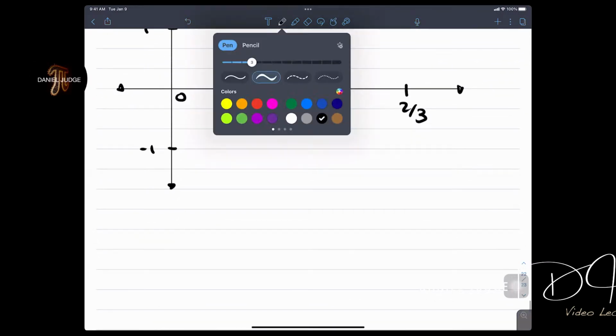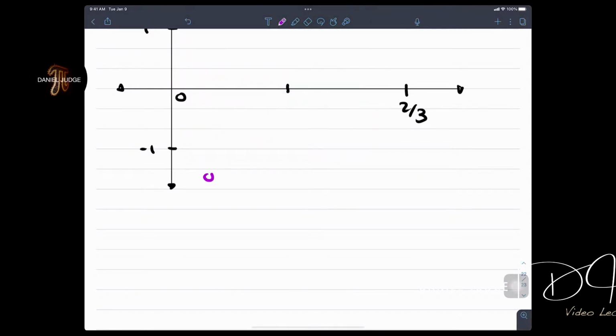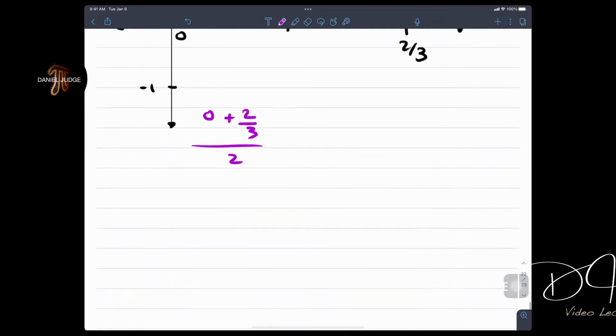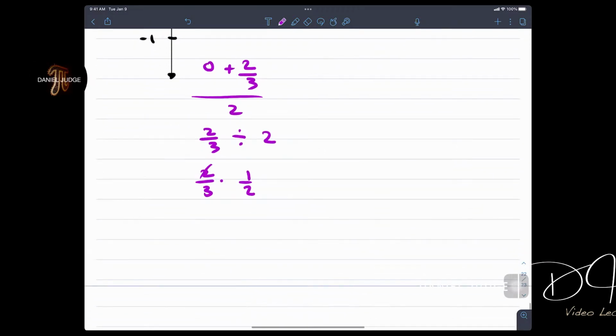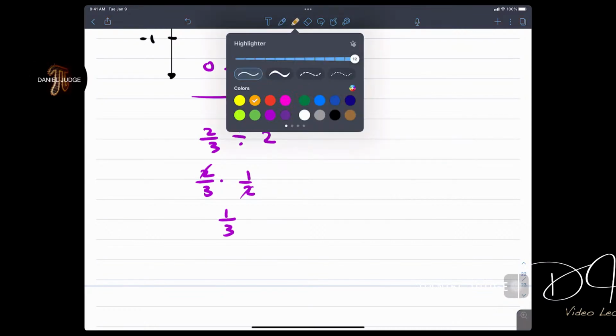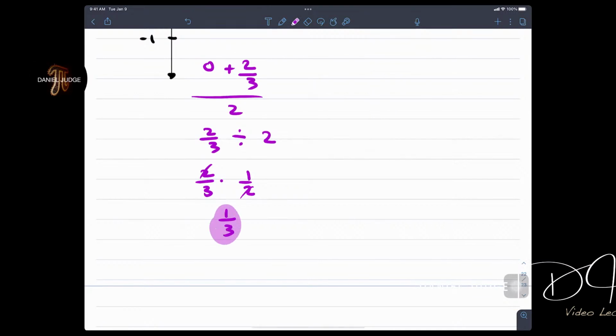Halfway. So 0 plus 2/3 divided by 2 gives us 2/3 divided by 2, or 2/3 times 1/2. The 2's cancel, and halfway is 1/3. So we're going through that arithmetic.